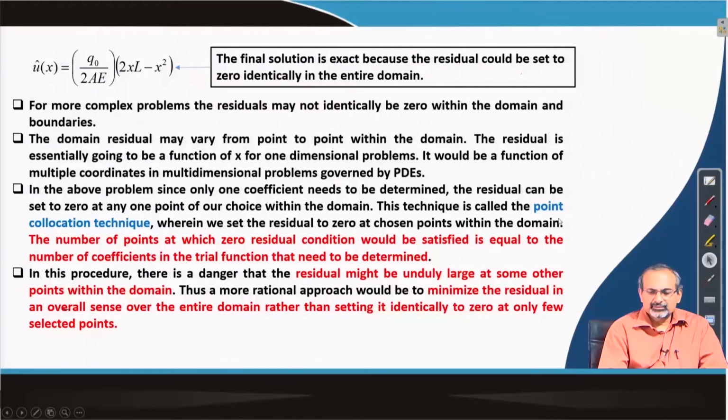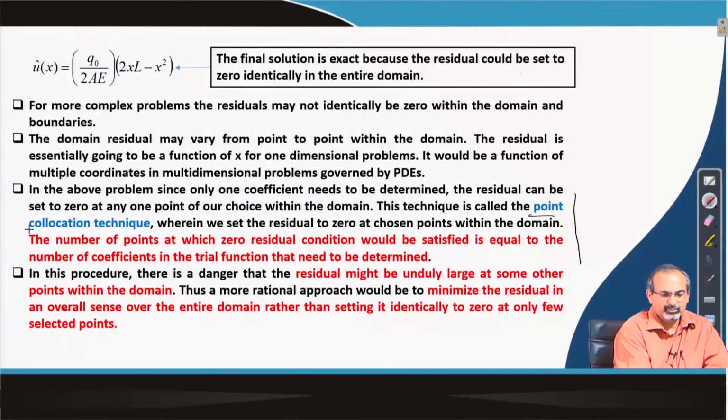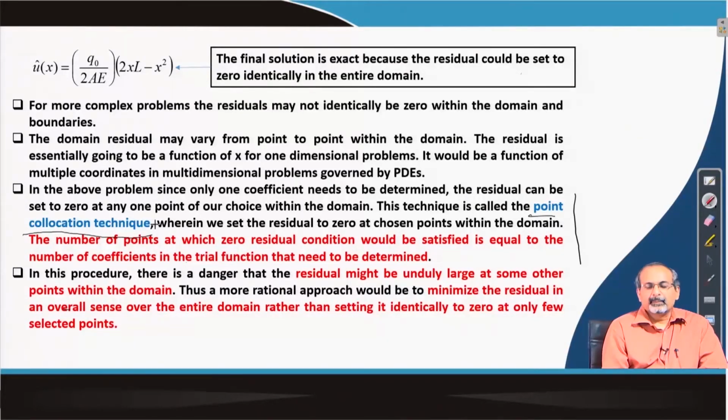Now, the kind of calculation we did over here falls in the category of a so called point collocation technique, where you actually try to set the residual to 0 based on a single parameter, and in that case you may find that the number of points at which 0 residual condition is satisfied is essentially only 1.